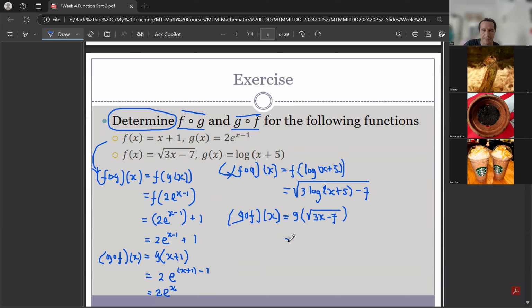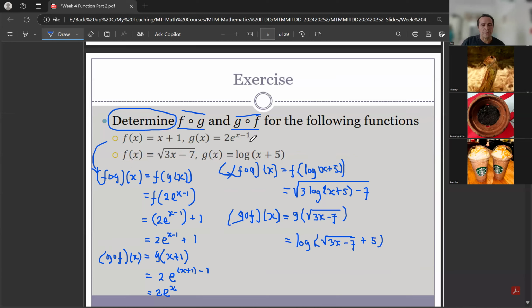So we will have the logarithm of, every x replaced by the square root of 3x minus 7. Okay, so this is the answer of this exercise.